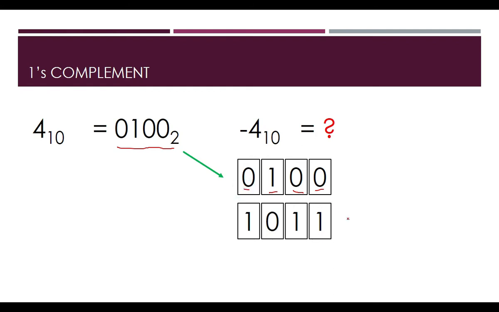So in 1's complement, 0100 becomes 1011. This is now the representation of negative 4.